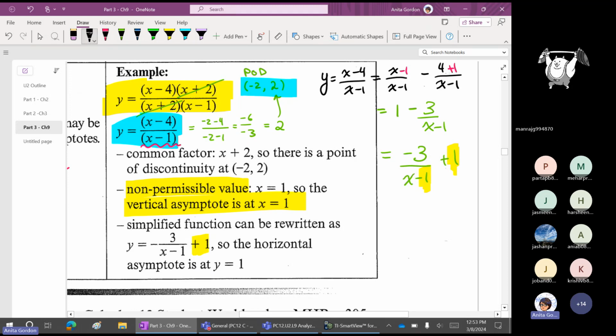Okay, so again, let's do a quick little sketch. What might this look like? First, I do my asymptotes. Horizontal asymptote at +1, vertical asymptote at +1, a hole at -2, 2. Here's the hole.